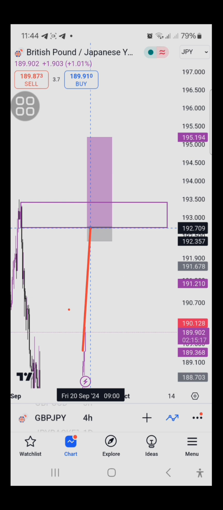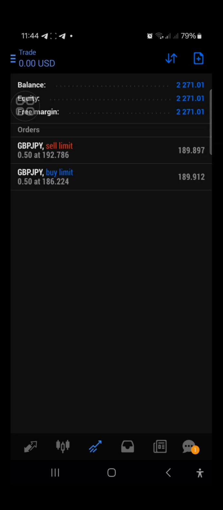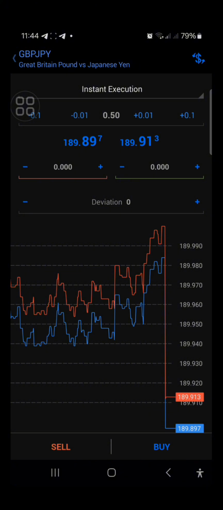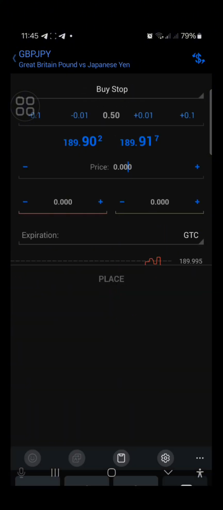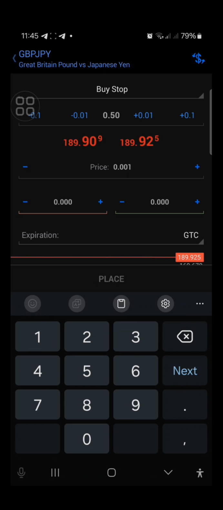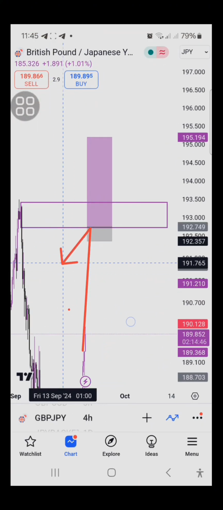So right here, 192.709 is the entry. Remember, we are using the buy stop. Of course, remember to always put in your stop loss.